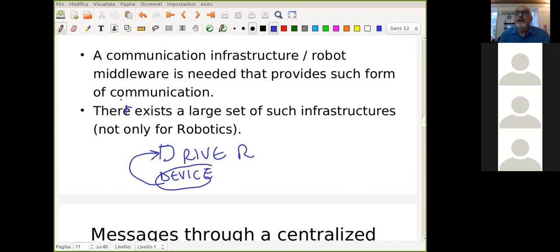For example, the device driver for the screen, for a keyboard, for a network interface, or anything that is pure electronic. So it's a piece of software that activates the hardware and allows the program to communicate with the hardware.